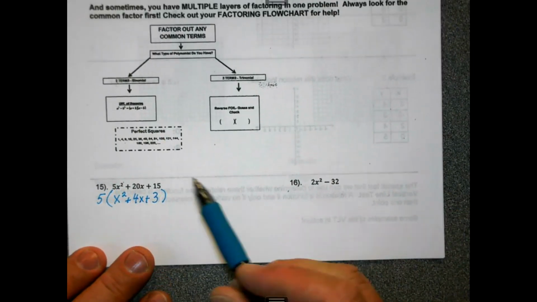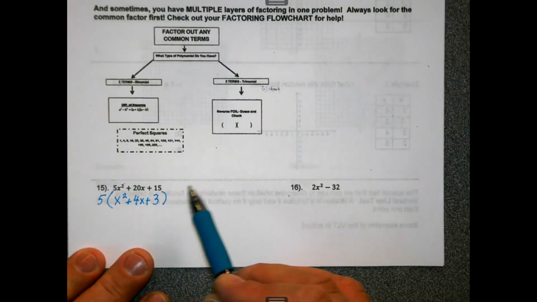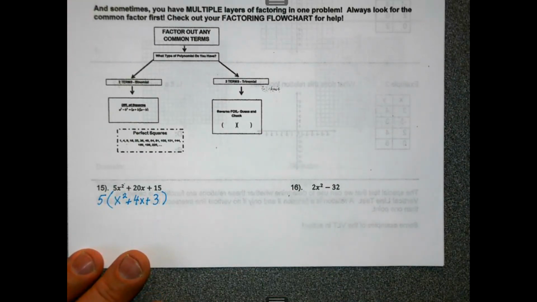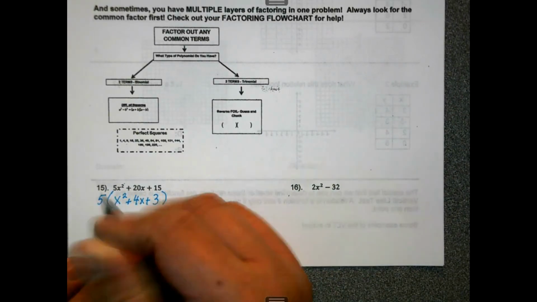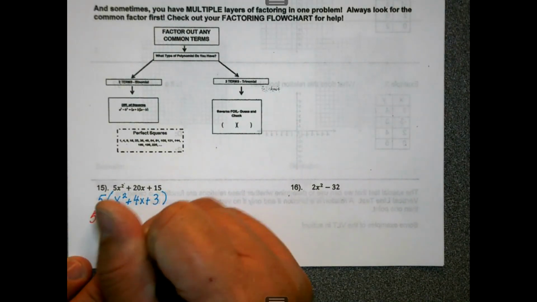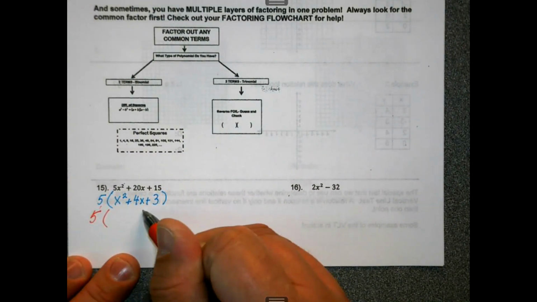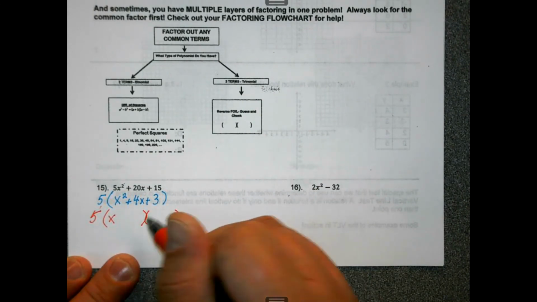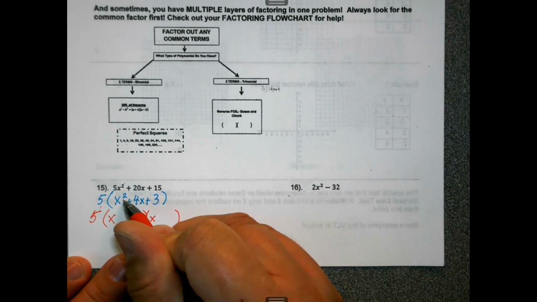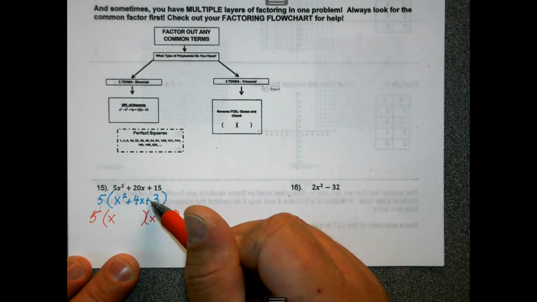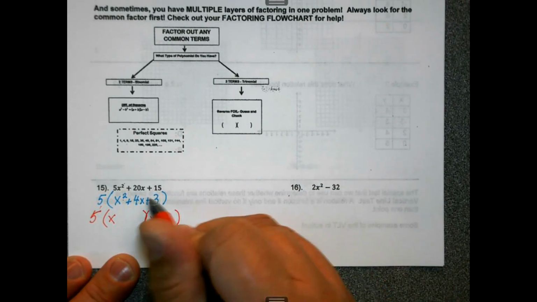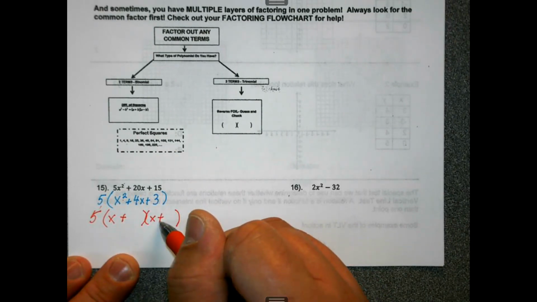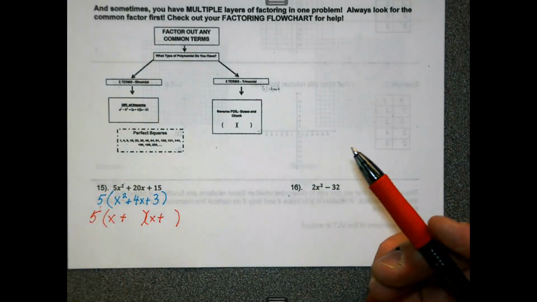Now I have a relatively easy trinomial here to factor because my a is 1, right? So I have my 5. Don't forget to bring down the 5. Going to factor the rest of it. So I have an x and x, times x gives me x squared. This is a positive, and they add up to a positive, so this is a positive and this is a positive. And 3 is a prime number.